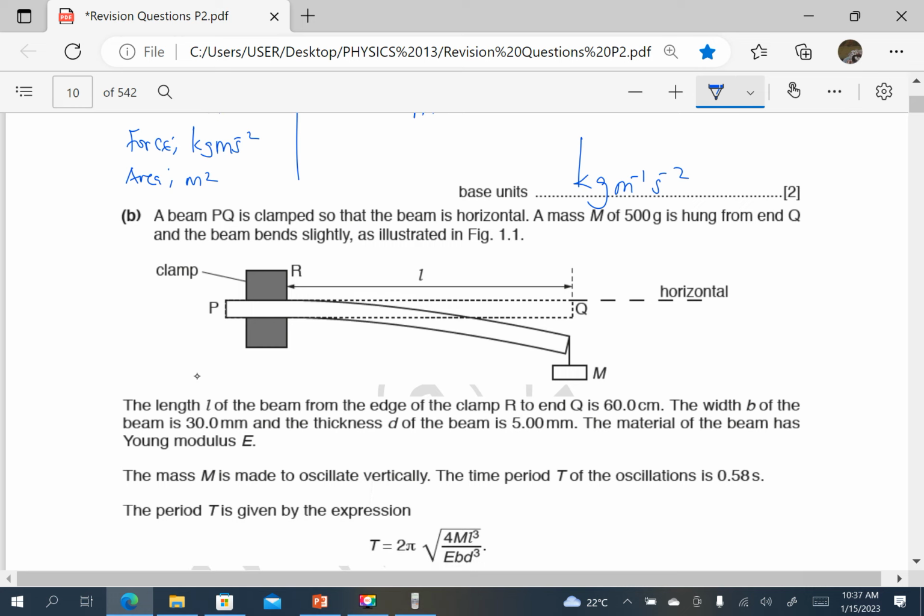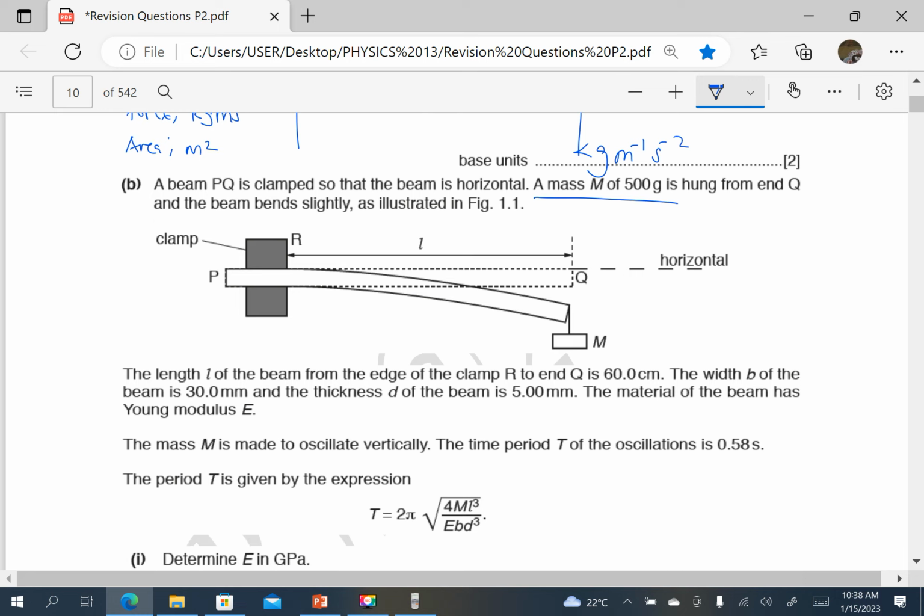A beam PQ is clamped so that the beam is horizontal. A mass M, 500 grams, is hung from the end Q and the beam bends slightly as illustrated here. The length L of the beam from the clamp R to the end Q is 60 centimeters.